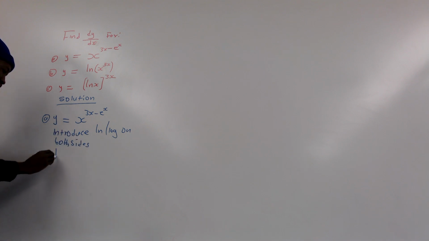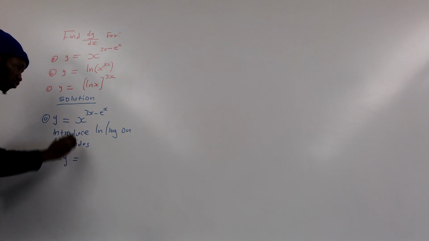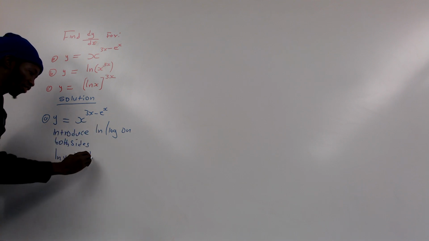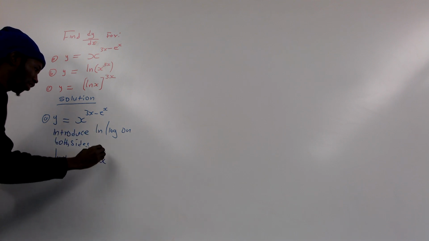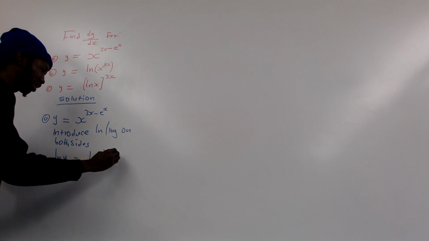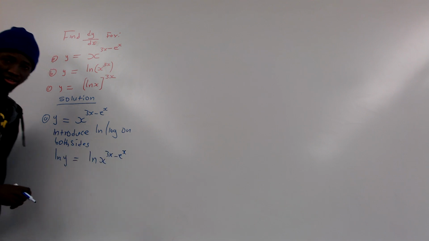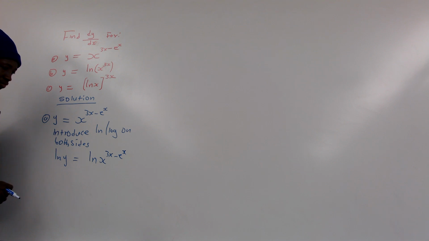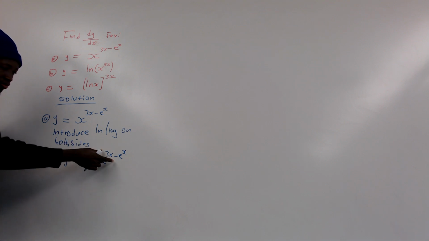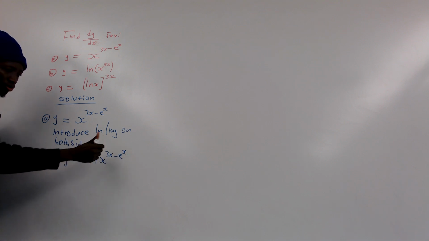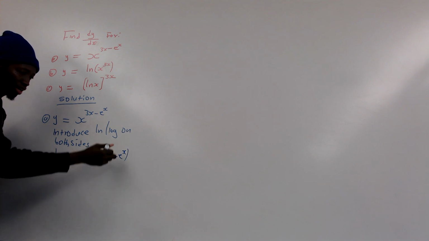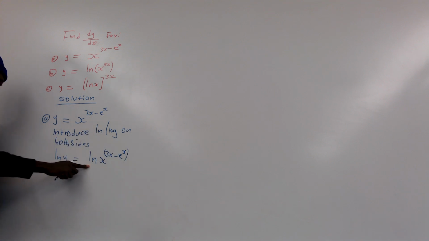So this is going to be ln y, and on the right side we introduce ln again: ln of x to the power 3x minus e raised to the power x. This is the first step. After this step, the exponent can be moved. Because this is a power, we move it to the coefficient of ln x.